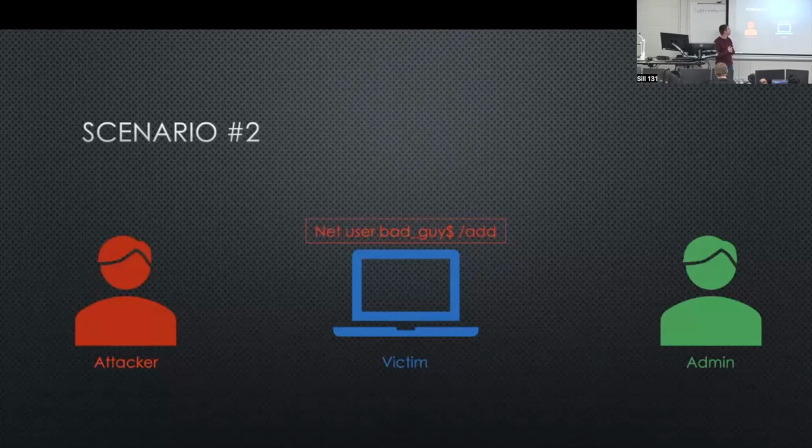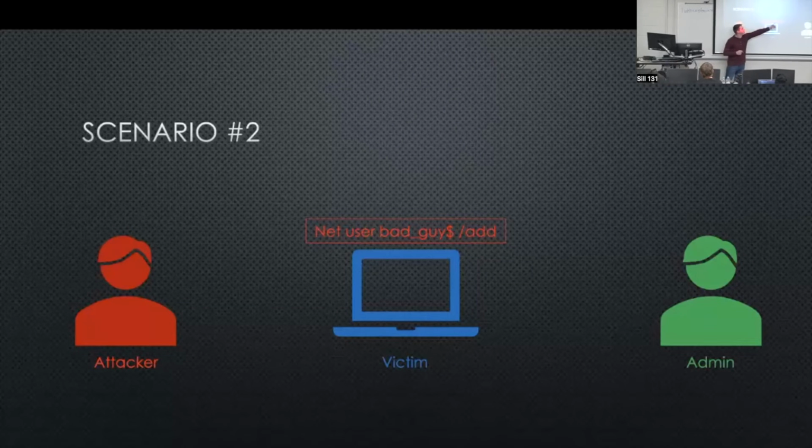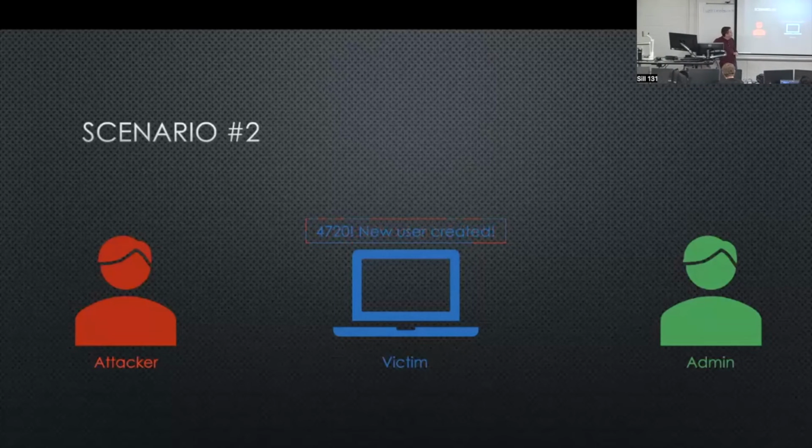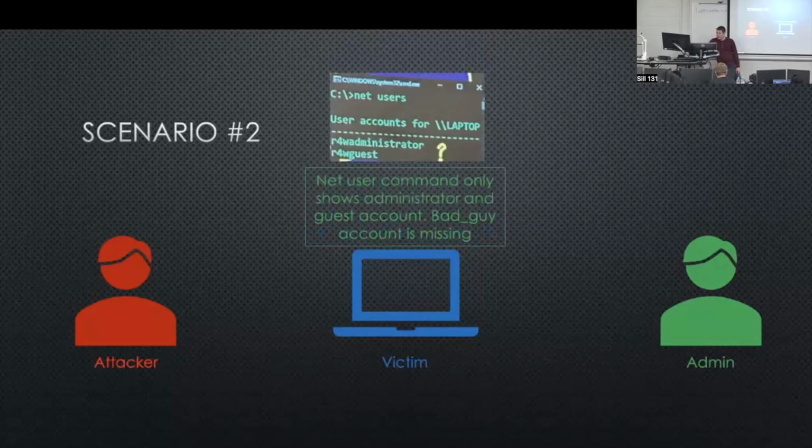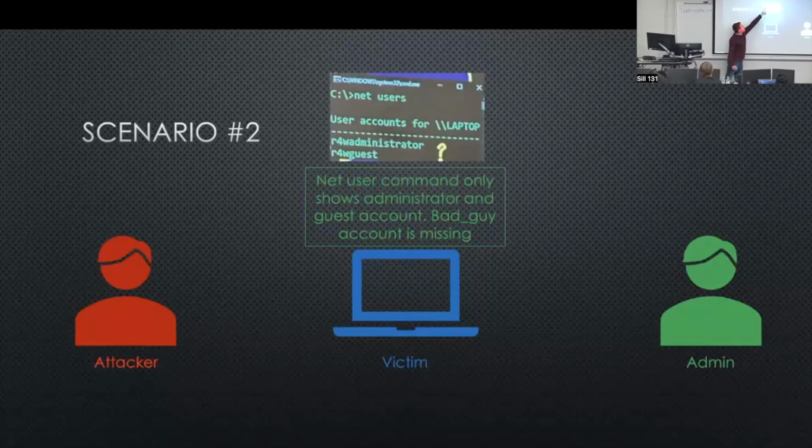No issue. Scenario 2, the attacker is going to do the exact same thing, except he's going to append a $ sign at the end when he makes his account. And the Windows machine is going to log 4720, same thing as before. The new user is created. The admin is going to look for a user account using that name, as you can see here, and the user account is not going to be there.